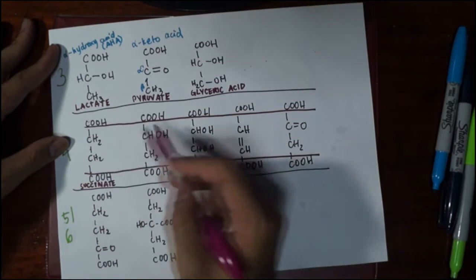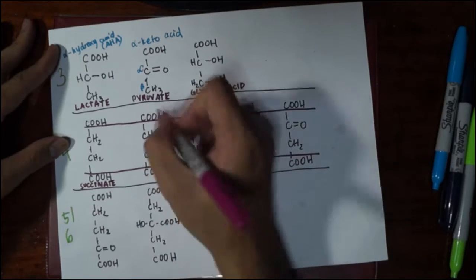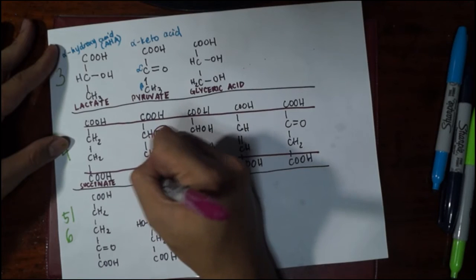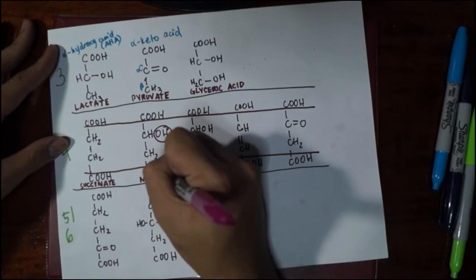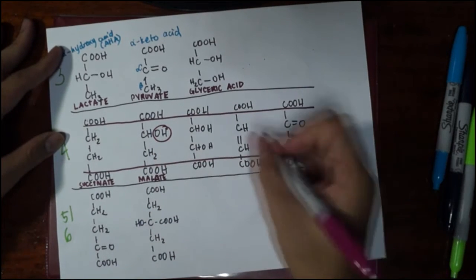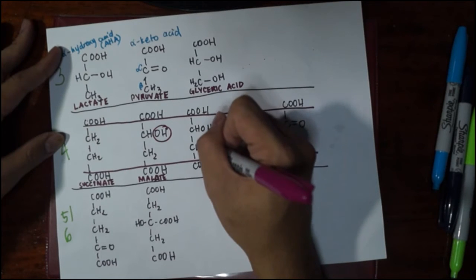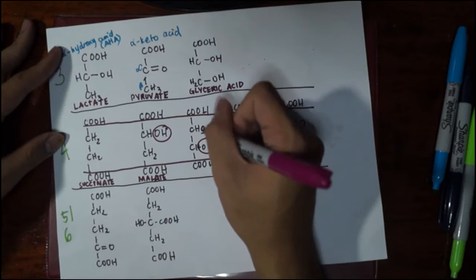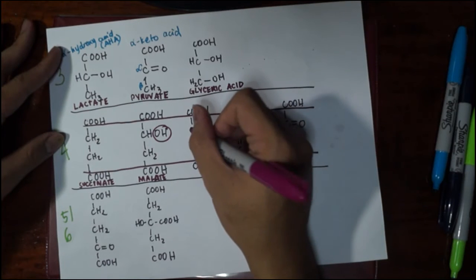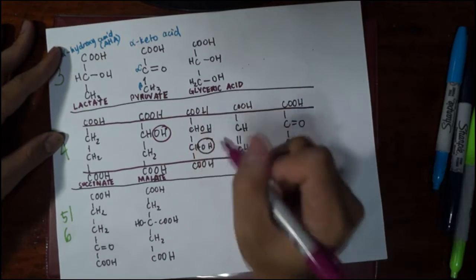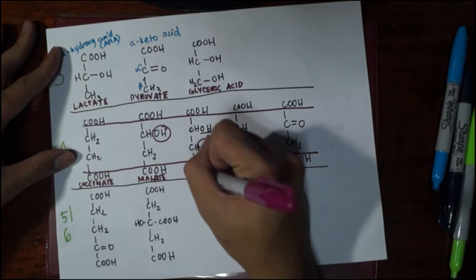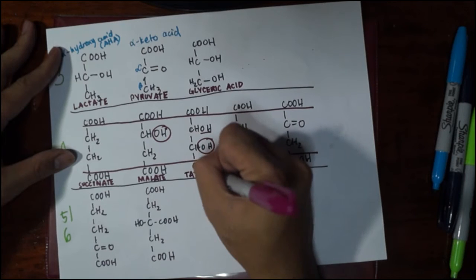If one of these becomes substituted with a hydroxyl group, it becomes malic acid or malate. Now if you add another, in order to have 2 hydroxyl groups at the 2 separate carbons in the middle, you have what you call tartaric acid or tartrate.